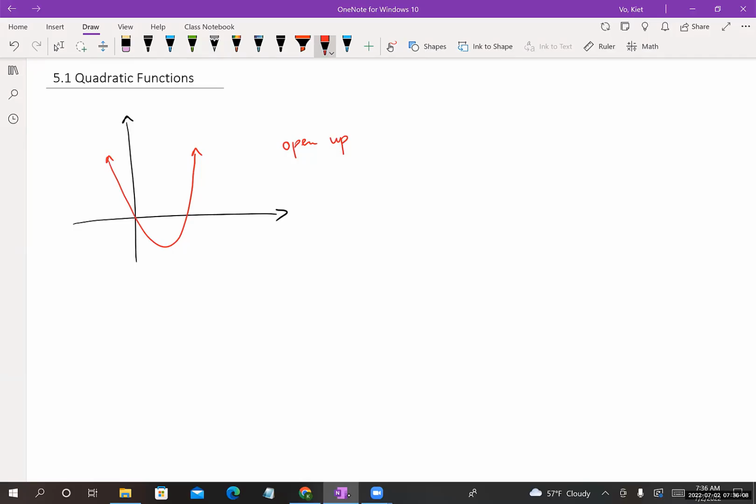And let's say the form of the function is f of x equals ax squared plus bx plus c. So this is the general form of the quadratic function. Now, when it opens up like this, the coefficient a is greater than 0.